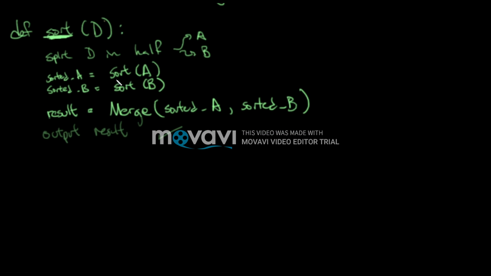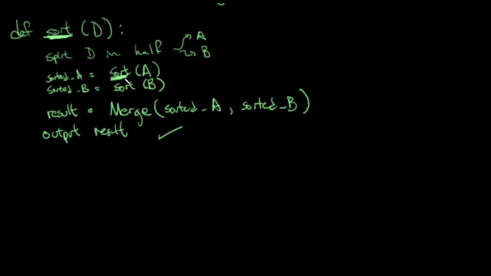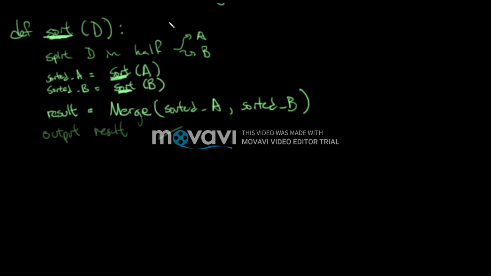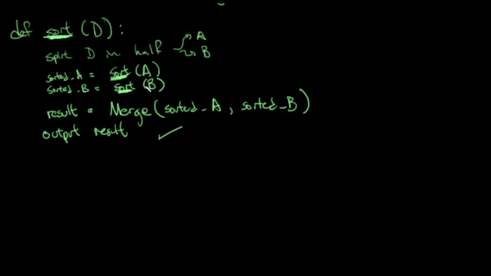As you can see, we've defined a recursive method here, where inside our method, we call that same method. If we were to leave this as is, we'd get sort of D calling sort of D split in half, calling sort of that split in half, on and on, and this would never stop.